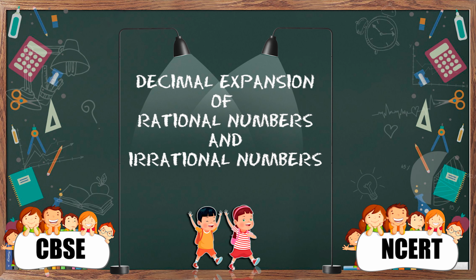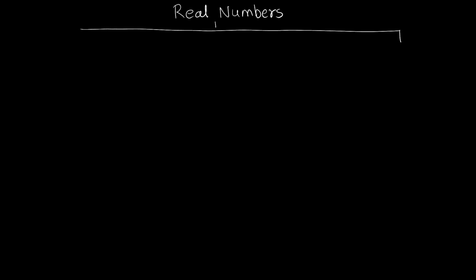In this video, we are going to go through the decimal expansion of rational numbers and irrational numbers. So first of all, look at this classification. We know real numbers can be classified into two categories: the numbers which have decimal expansions, and the numbers without decimal expansions.